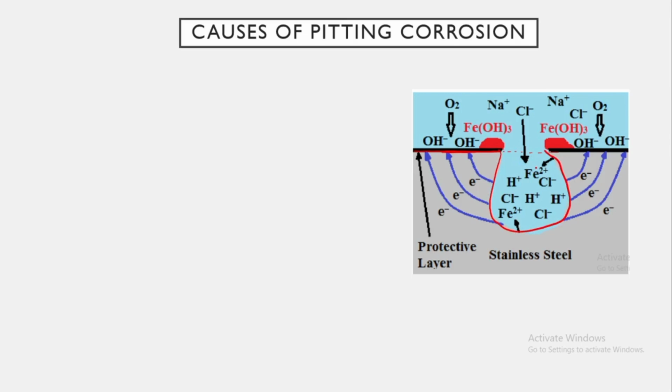And what happened? The localized production of positive metal ions in the pit attracts the negative chloride. You know, positive ions always want negative ions. So they attract the chlorine in the salt, so that they can neutralize the charges, right? Yes.